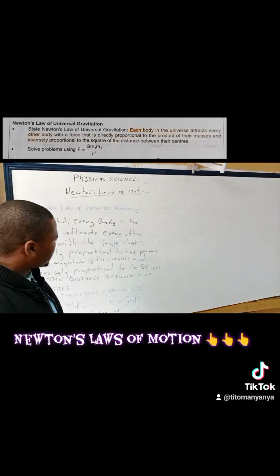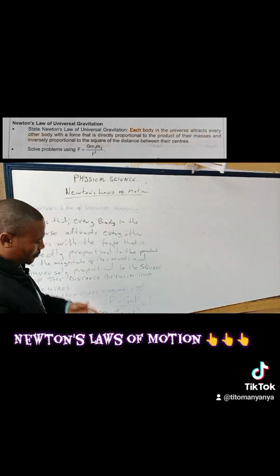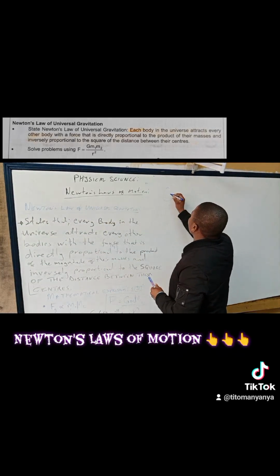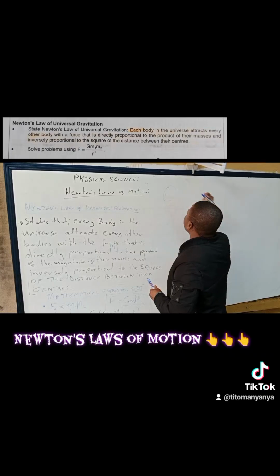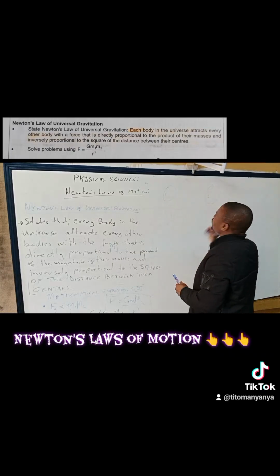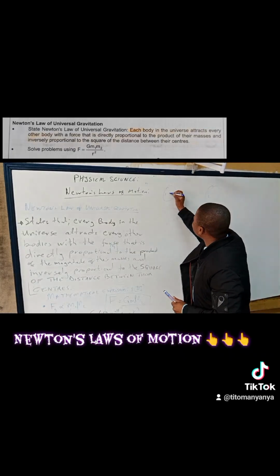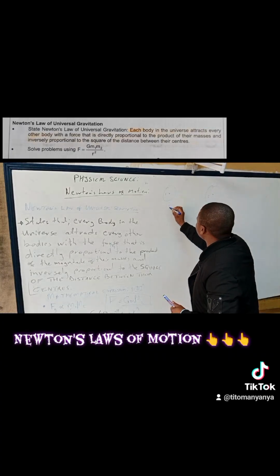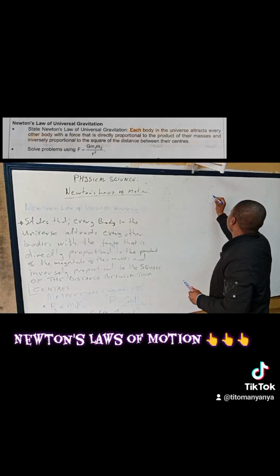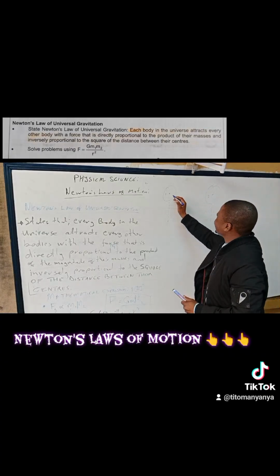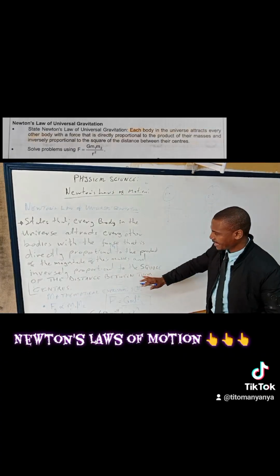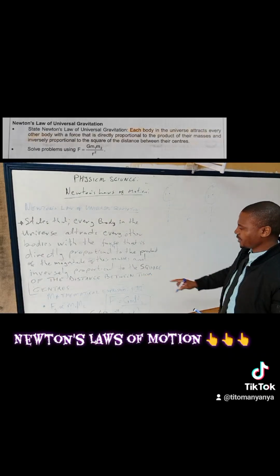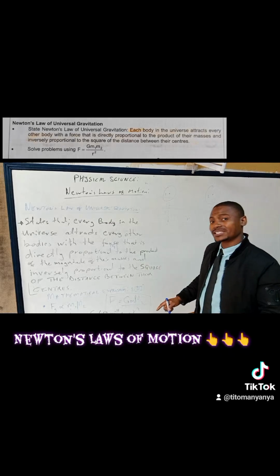So memorize this law. I can do a demonstration of this. Let's say this is body 1, then this is body 2. Let me say this is the center, and this is the center of the second body. So the distance between their centers is R. But what does the law say?